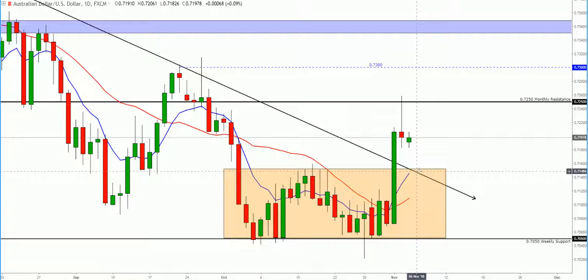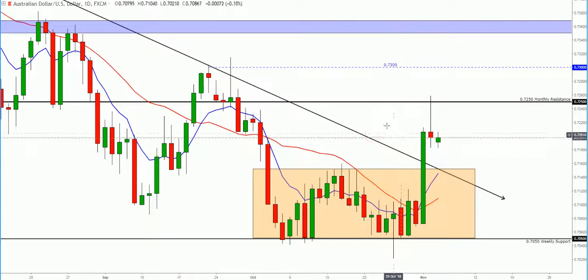We do have to bear in mind that we've got the Australian dollar rate decision tomorrow morning. Well, it's overnight, so about 4:30 a.m., which could move this market. It's more the rate statement that we'll be looking towards.